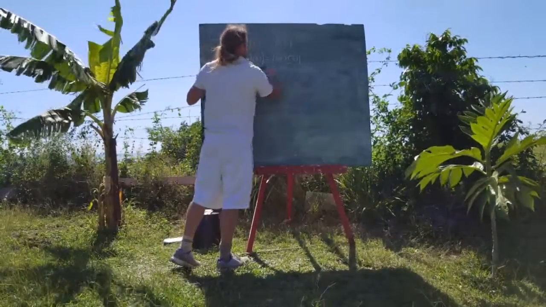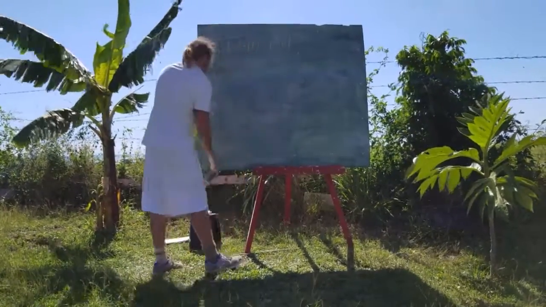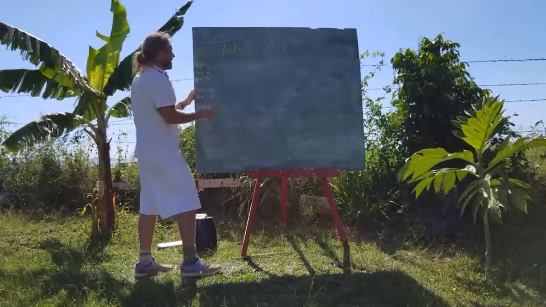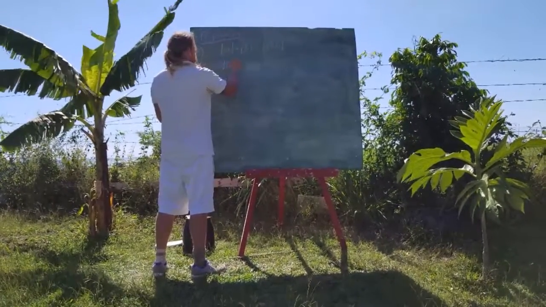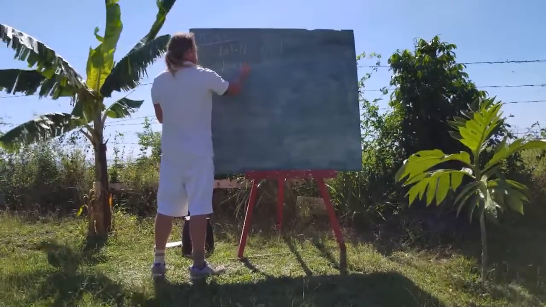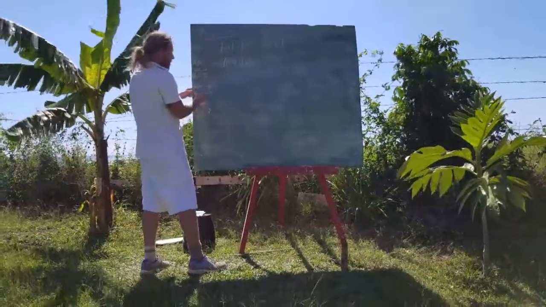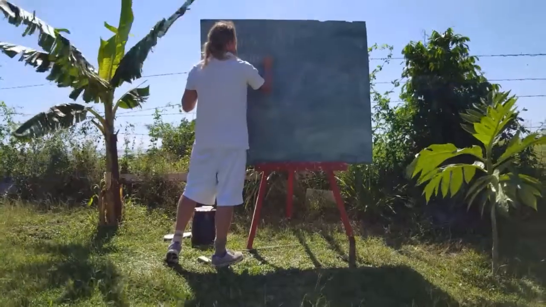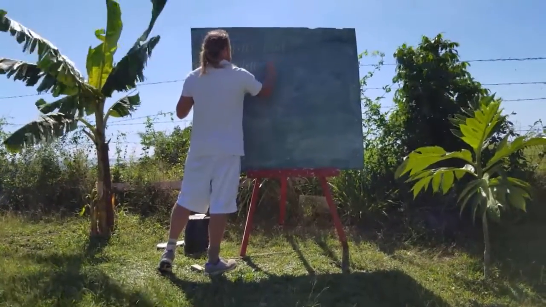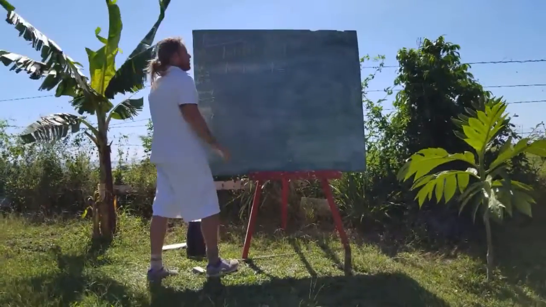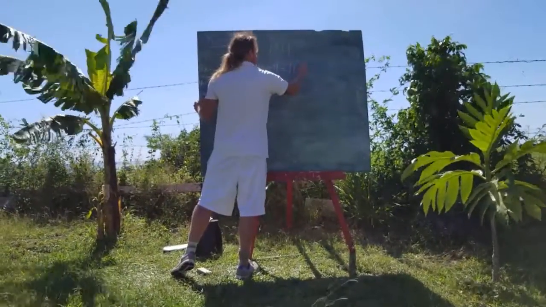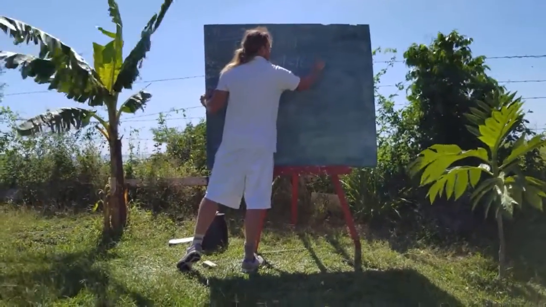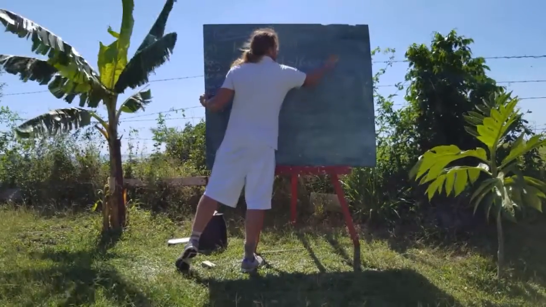Let's check out the next example. In this case, A is negative 4, so we have the absolute value of negative 4 times the absolute value of B, which in this example is negative 5. Is that equal to the absolute value of A, negative 4, times B, negative 5?